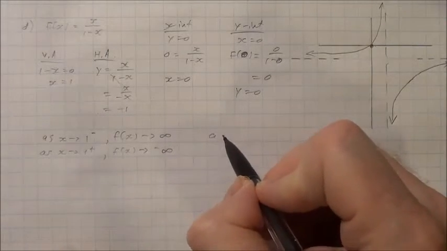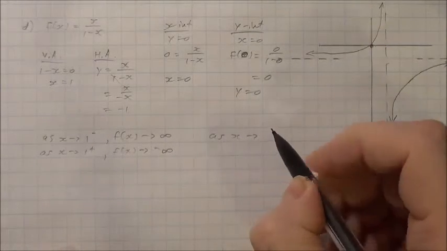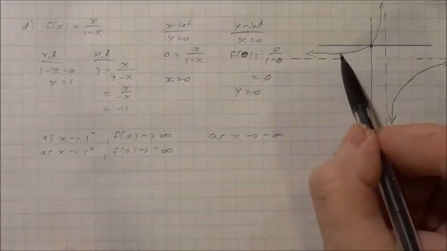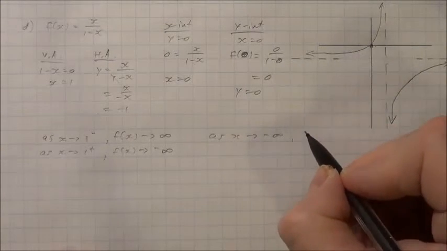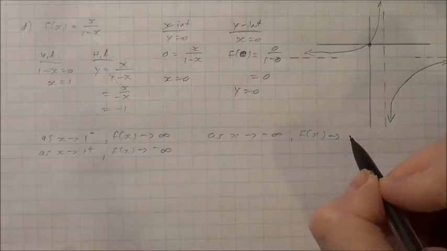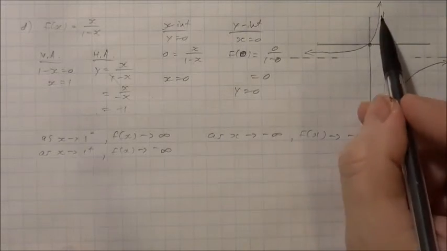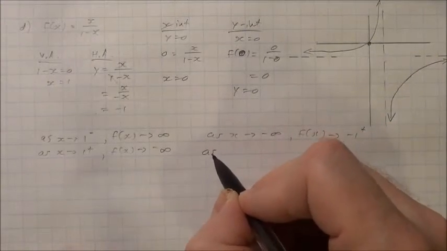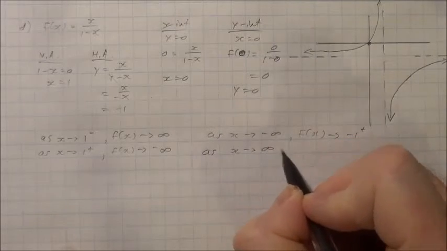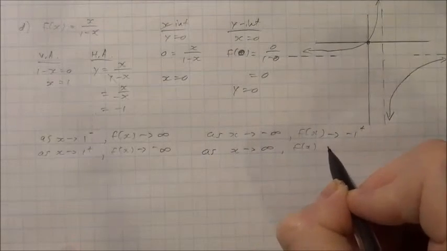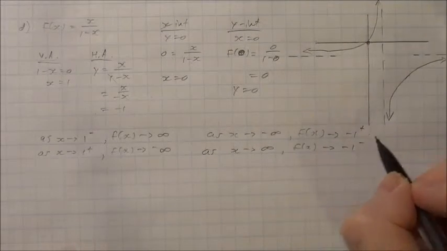Then as x approaches negative infinity, all the way here, we see that f of x approaches negative 1 from above, and then as x approaches positive infinity, f of x, the function, approaches negative 1 from below.